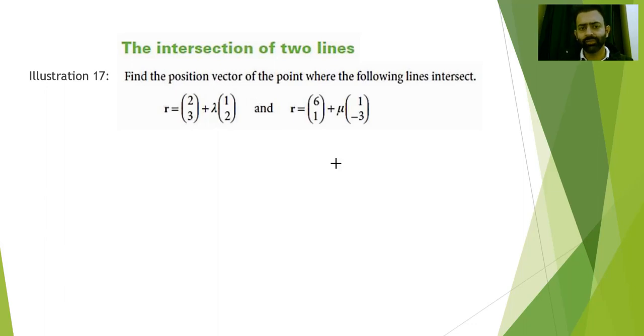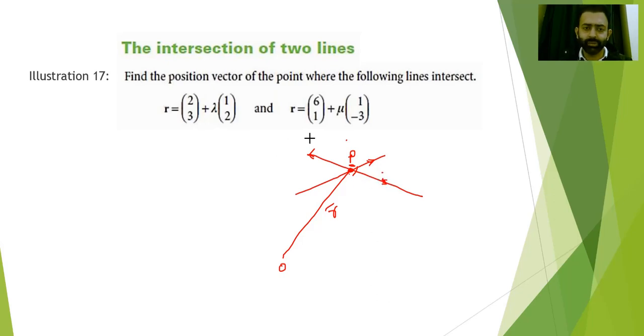Remember, if one line is like this and the second line is like this, and they intersect at this point, suppose this is your origin, then the position vector of this point of intersection, let us say P, will satisfy both equations. The position vector of this point will satisfy line 1 and line 2.